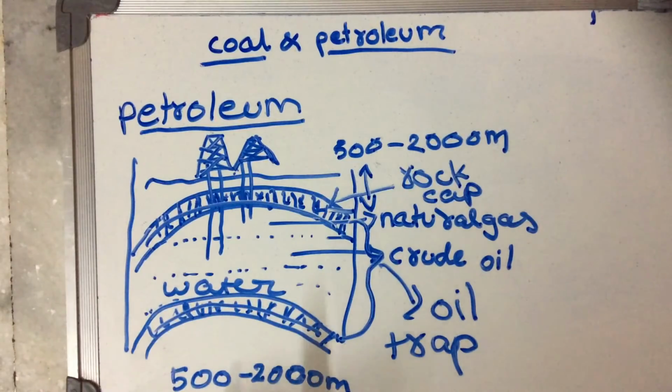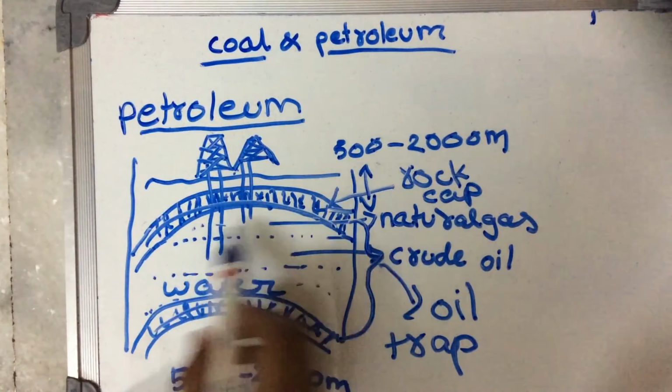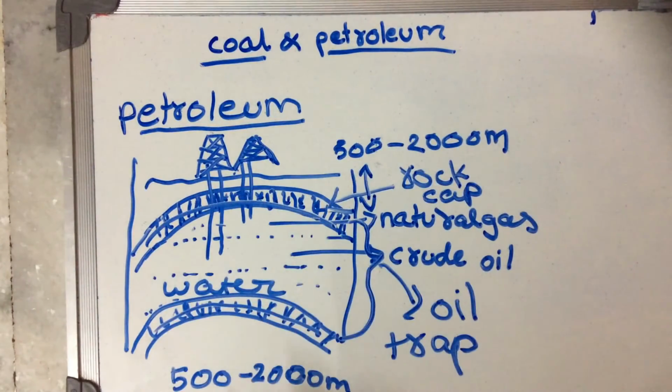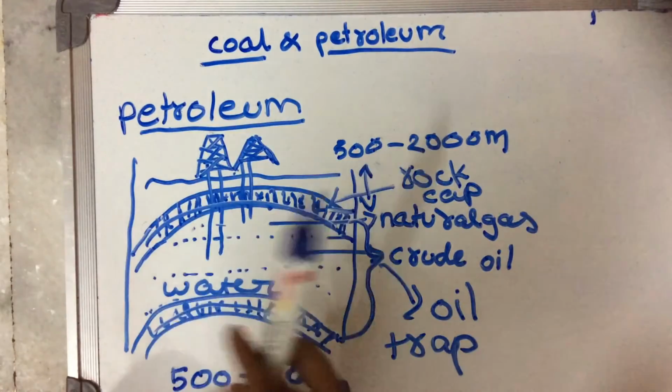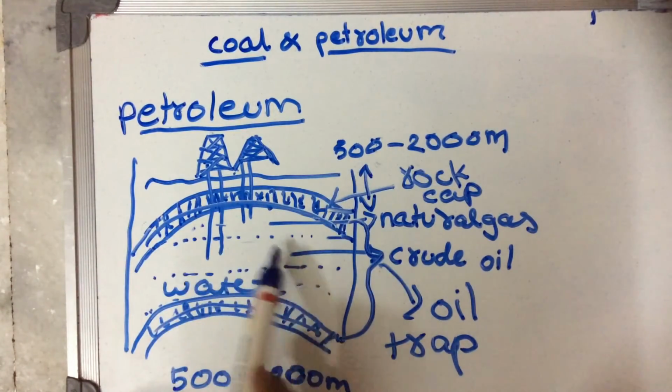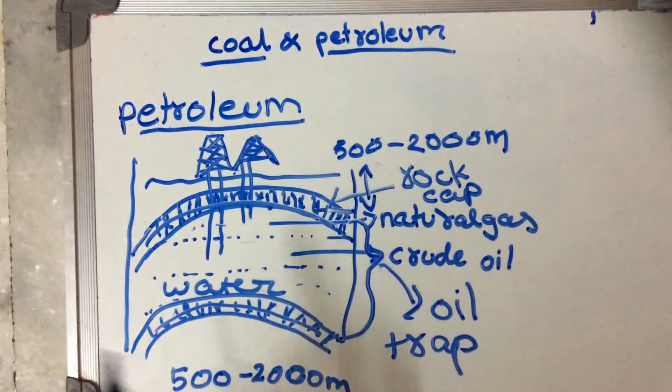Natural gas comes out first with great pressure. When the pressure of natural gas subsides, then the petroleum, called crude oil or crude petroleum, begins to flow out and is pumped out by using electric motors. So this natural gas is under high pressure, and when all the pressure is released, the crude oil is pumped out with electric motors.